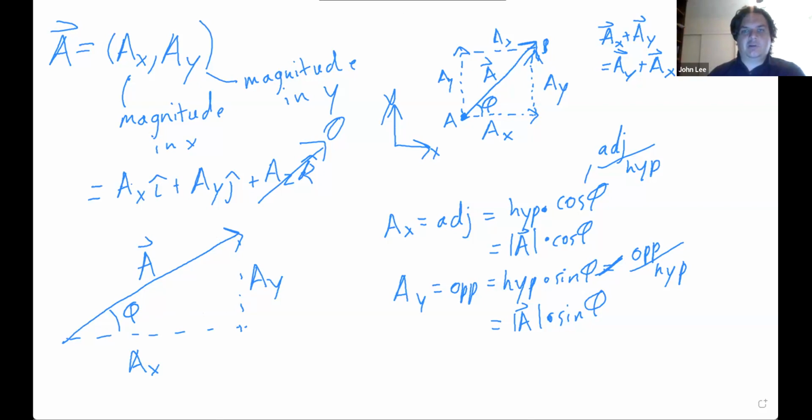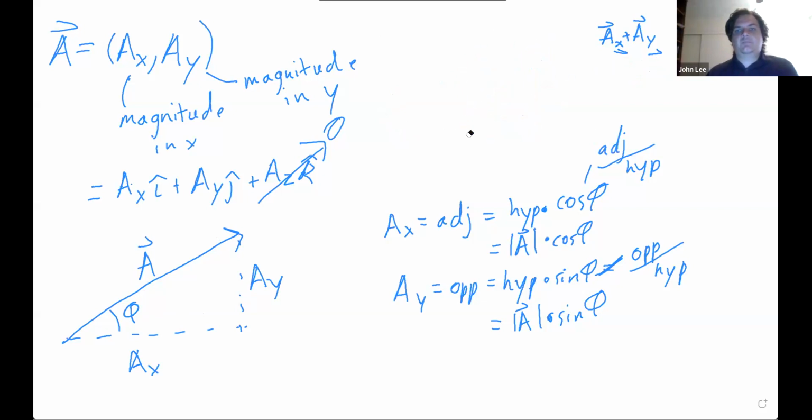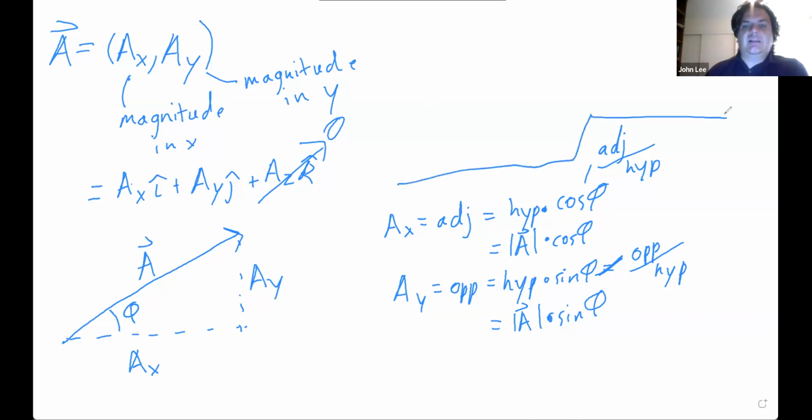So how you get polar coordinates from X and Y components is using the Pythagorean theorem, so that the magnitude of A is equal to the hypotenuse, which is equal to the square root of opposite squared plus adjacent squared.